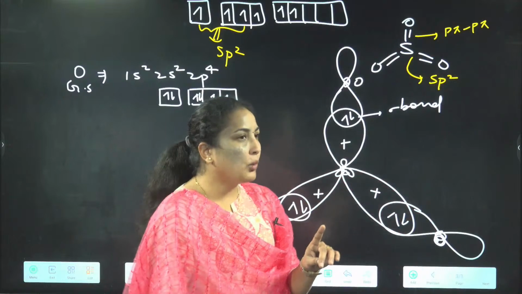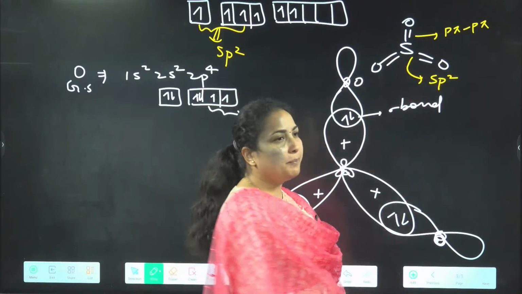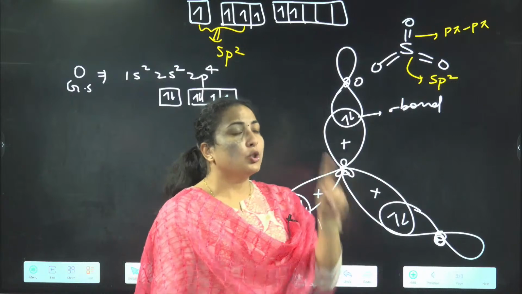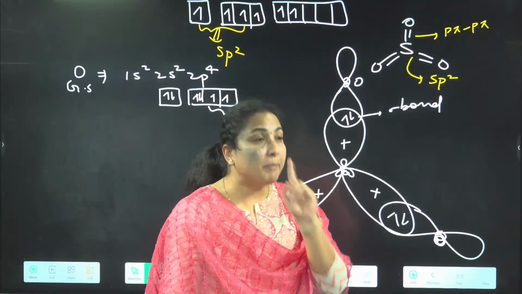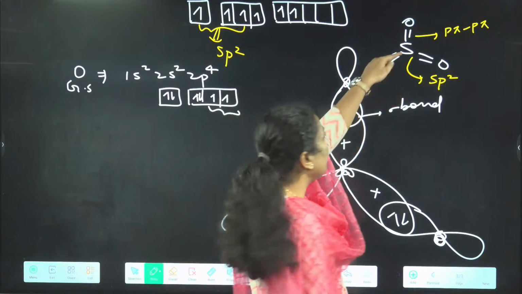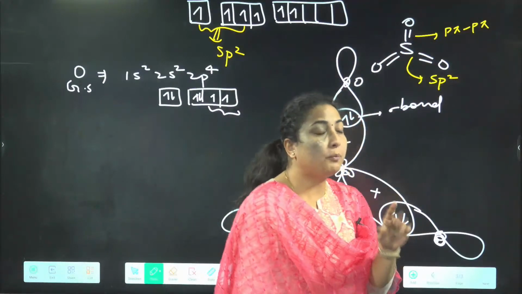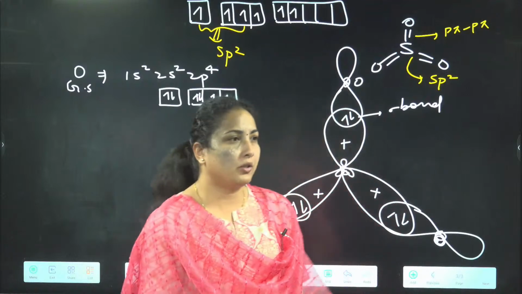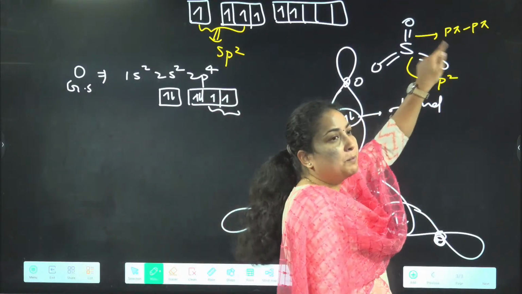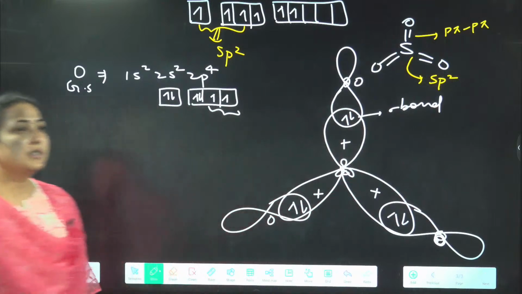So if it is sp2 hybridized, there are a total of 3 p orbitals. 2 have participated in hybridization. So there is only one p orbital remaining, which has not participated in hybridization. And that p orbital is from the sulfur, and oxygen will always only be able to provide a p orbital because it doesn't have a d orbital. So you are able to get this p pi p pi bond. Is this clear to you?